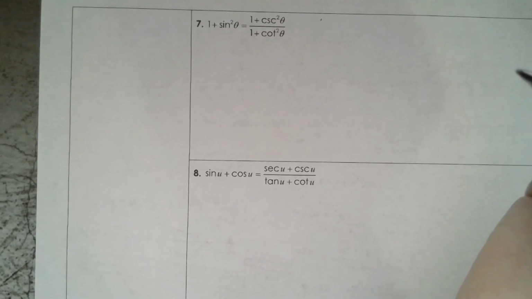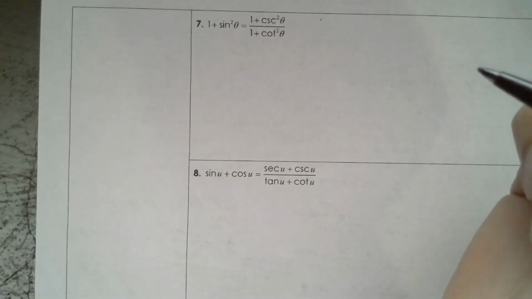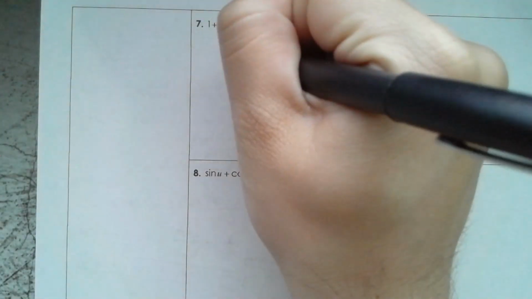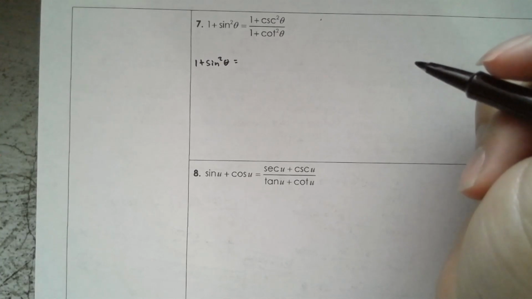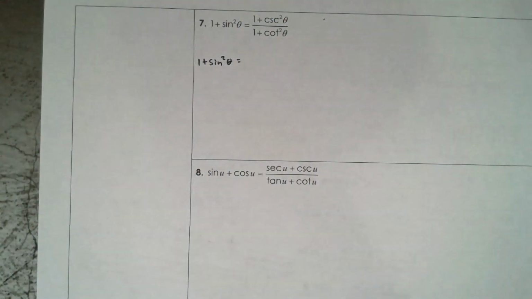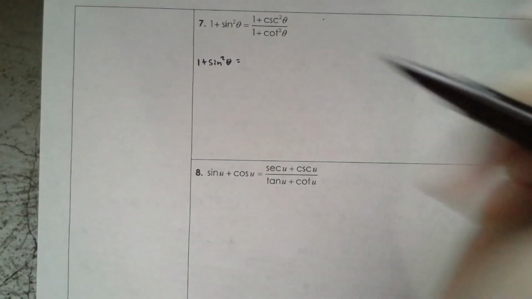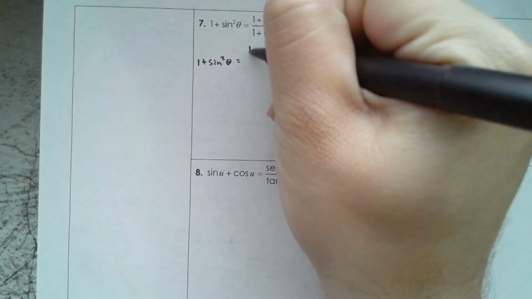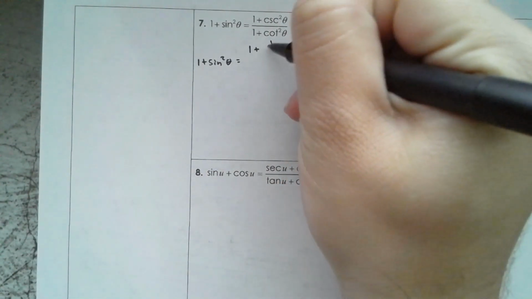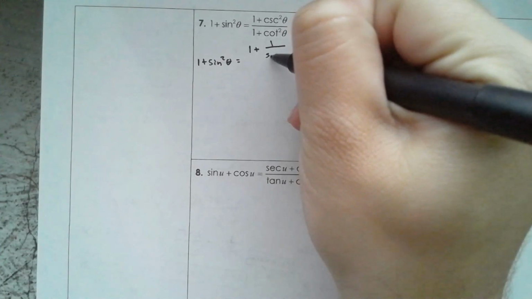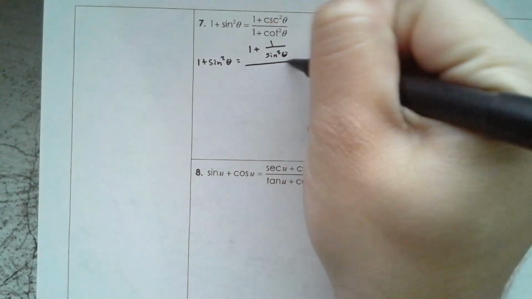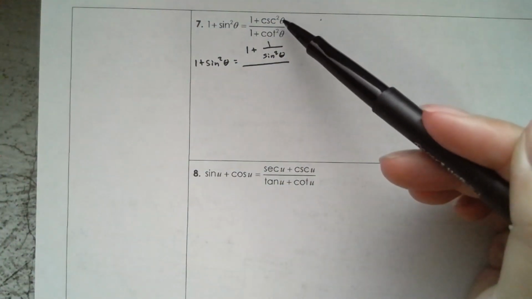Here's what I'll do. That is equal to 1 plus cosecant squared theta. I'll apply the reciprocal identity. So this cosecant squared theta became 1 over sine squared theta.